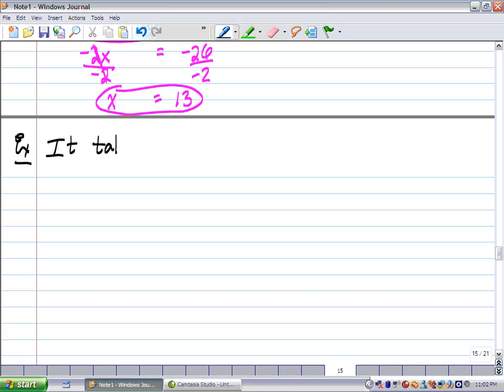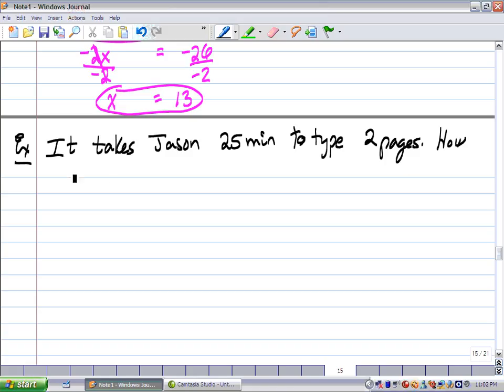Okay, let's look at an example where this is used. It takes Jason 25 minutes to type 2 pages. How long will it take to type 5 pages?